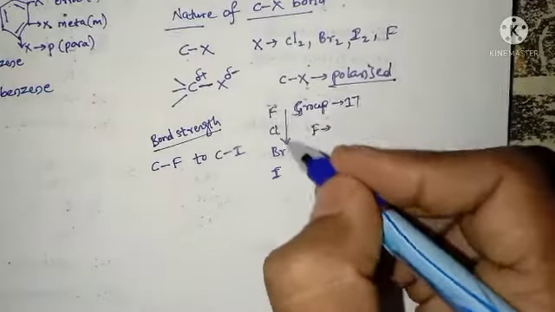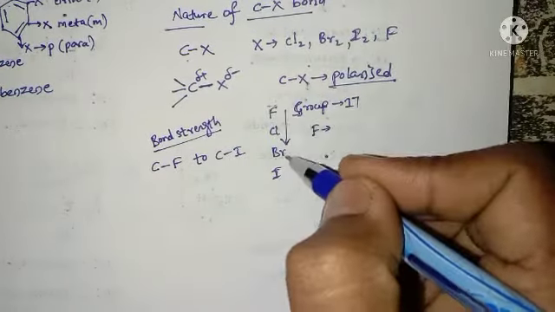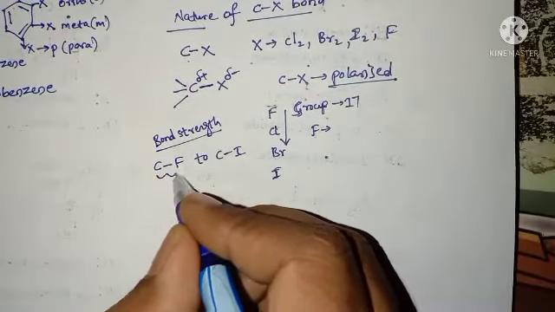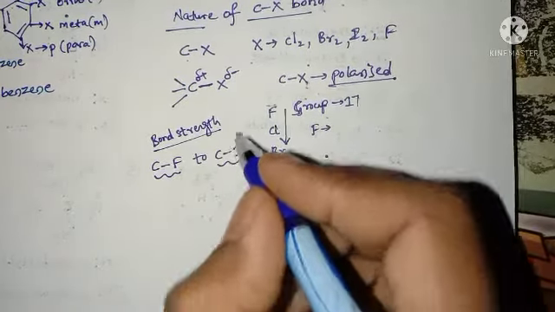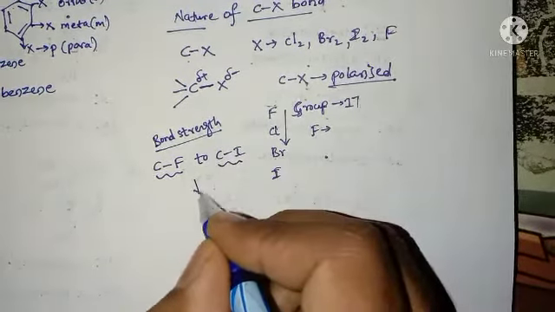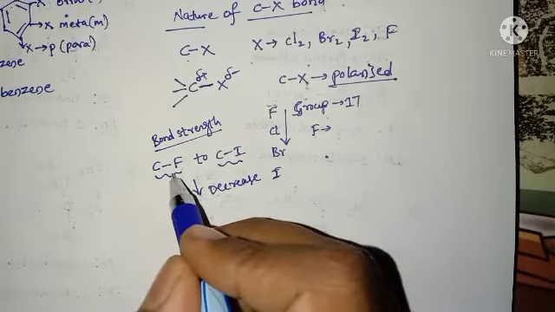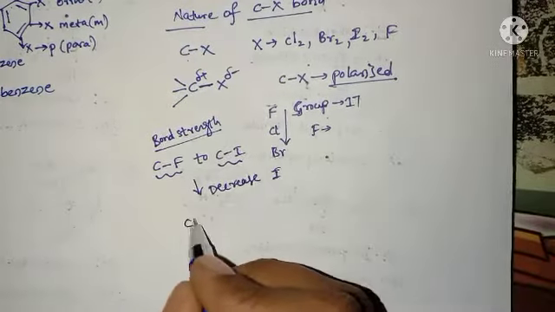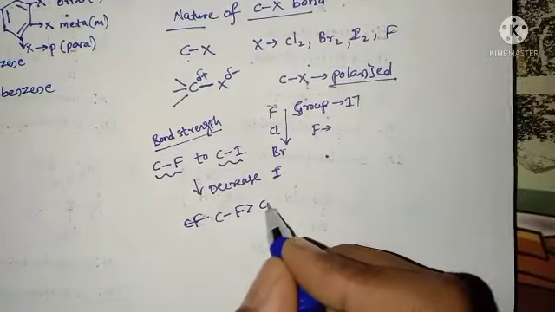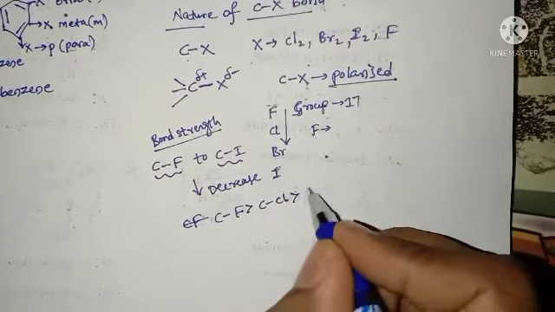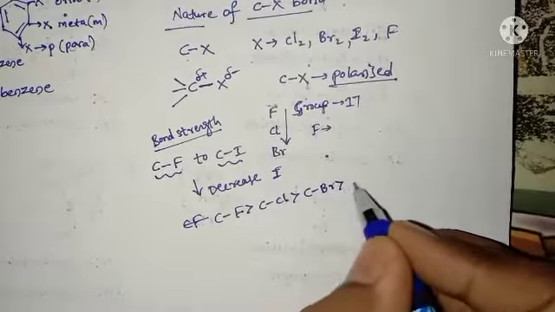Here the electronegativity decreases, and similarly the bond strength decreases from the C-F bond to the C-I bond. This means the C-F bond has more strength than the C-Cl bond, than the C-Br bond, than C-I.